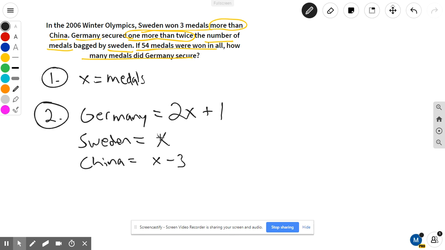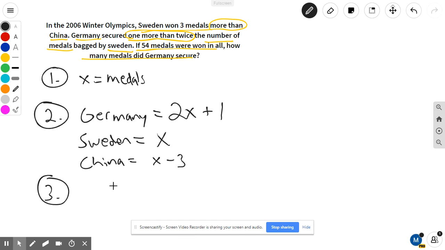For example, if I said China was just x, and then Sweden was x plus 3, then this expression here would change, because it's not just 2x now, it'd be x plus 3, and everything else would change. Like I said, there's multiple ways you can do it. So this was the approach I did.